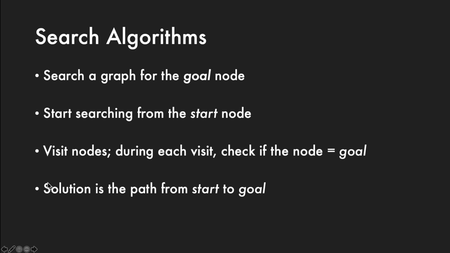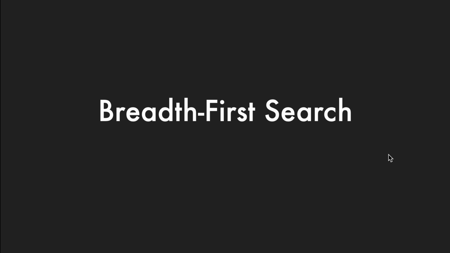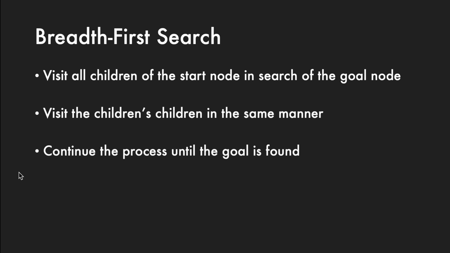And the solution is the path from start to goal. So let's do breadth first search. So here are the steps of the algorithm. Visit all children of the start node in search of the goal node. Visit the children's children in the same manner. Continue the process until the goal is found.